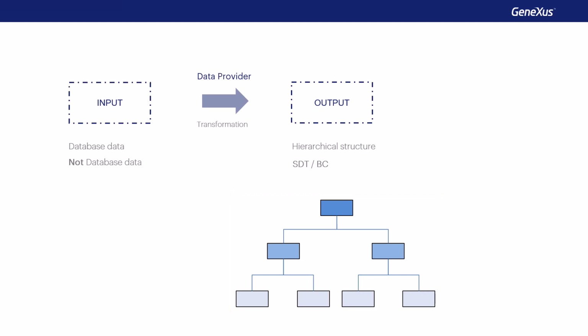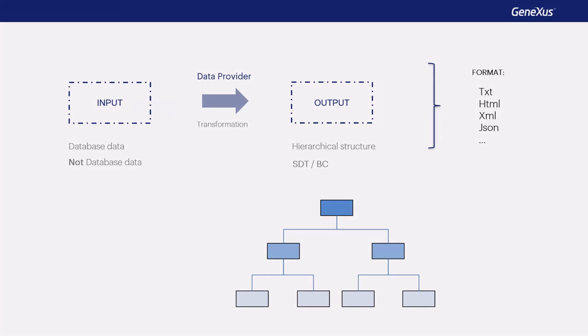Whoever invokes it, therefore, is responsible for doing what he or she needs to do with that hierarchical information. For example, convert it into another format for representing hierarchical data, such as XML or JSON, which are useful formats for interacting with third parties.